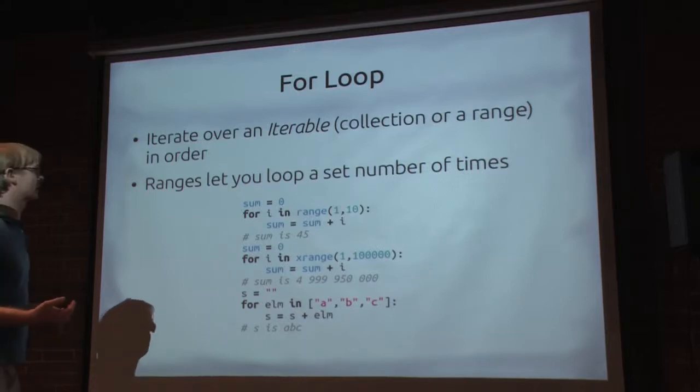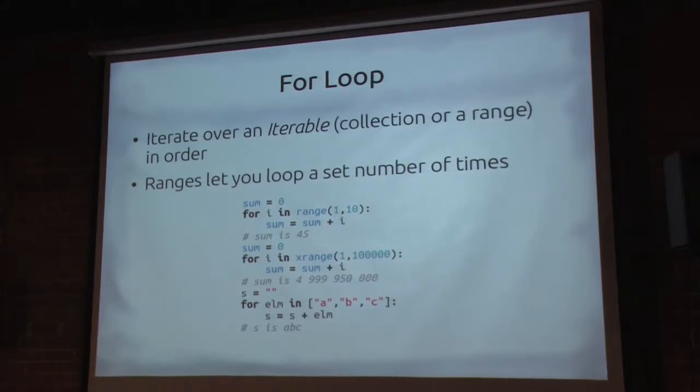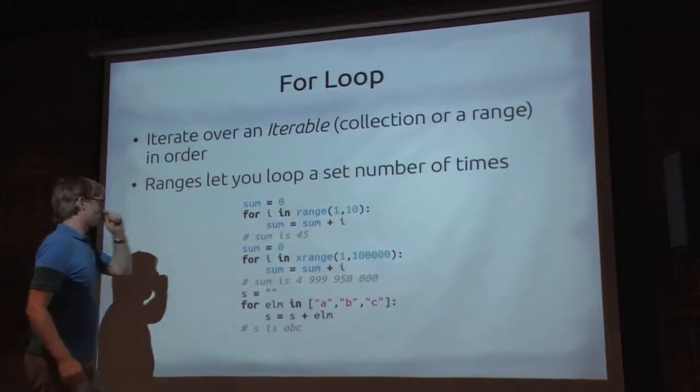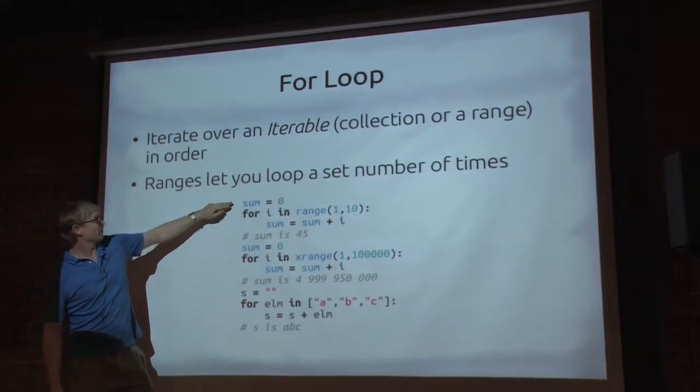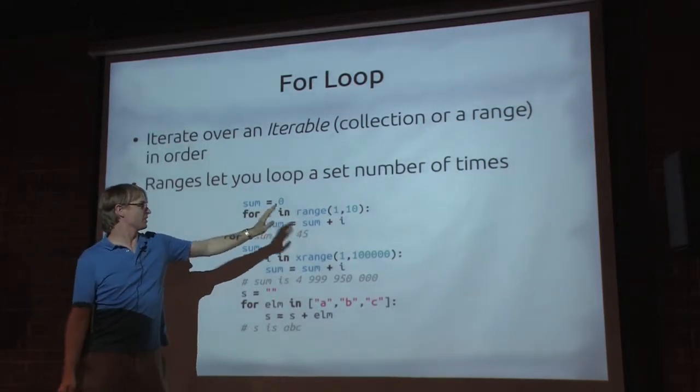The other iteration construct you're going to use a lot in Python is the for loop. It allows you to iterate over basically any iterable collection, like a collection or a range, and you iterate in order, one after the other. In this case, we've got sum equals 0, and then we're re-implementing the sum function using this for loop.